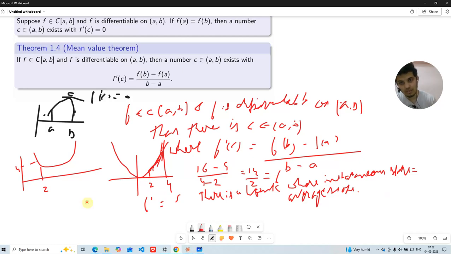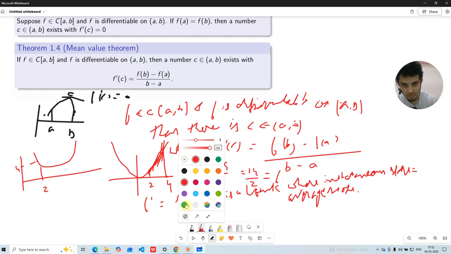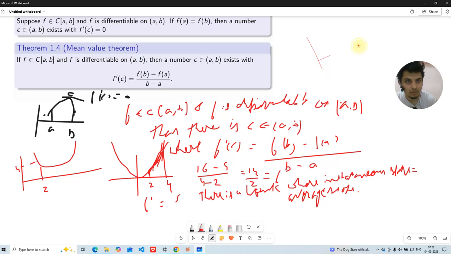Okay, so what it is saying is that if I connect f of a and b, let me draw a sharper example. So for example, this is 2, this is 4.